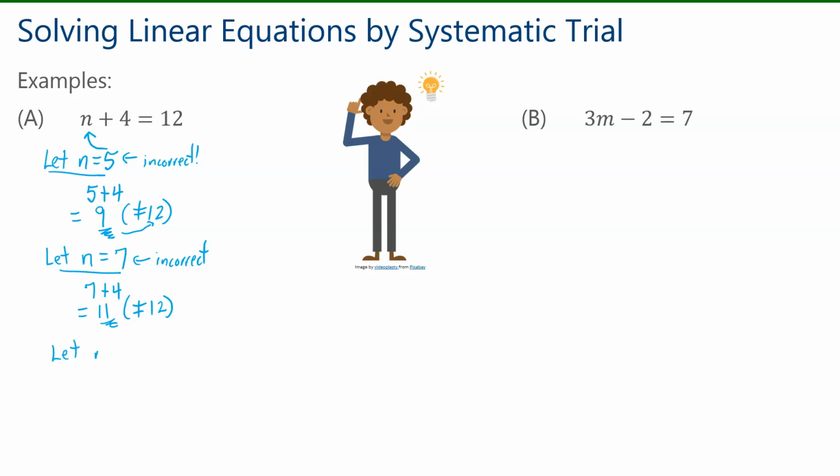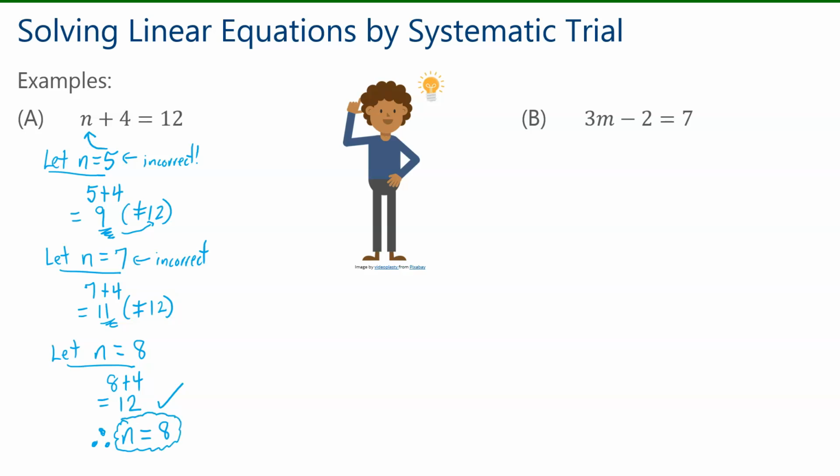For my next n value, I'm going to say let n equal 8. I go 8 plus 4. 8 plus 4 equals 12. I know now that I figured out the correct value for n. So I say, therefore, recall those 3 dots, therefore, n equals 8. So that's your solution. That's your answer.